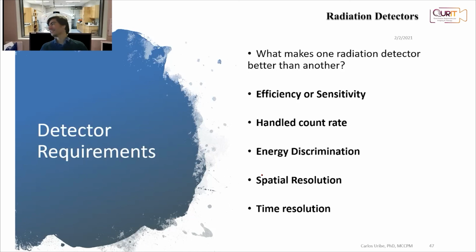That means, can they measure a lot of photons hitting them per unit time, or can they only measure if the number of photons reaching them is not that high? Can we distinguish a photon of one energy from a photon of another energy, or is there a big overlap and we don't really distinguish the energy? Do they have good spatial resolution? Are those detectors good at telling us where that radiation event came from? And what's the time resolution? Do we know exactly when that particle came to our detector?